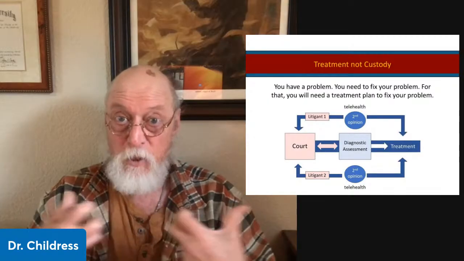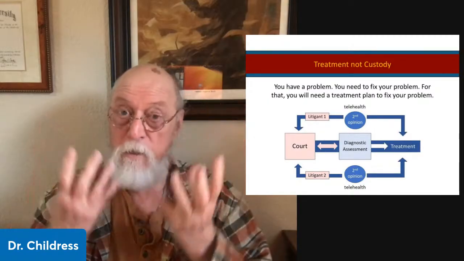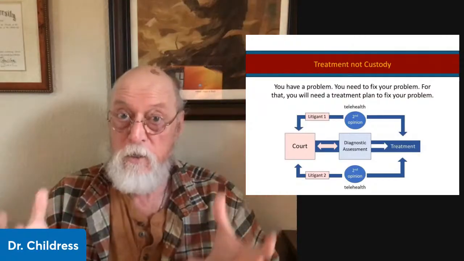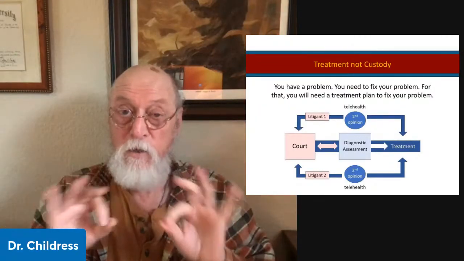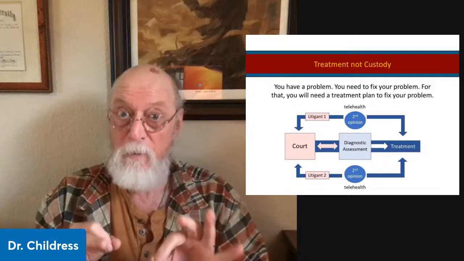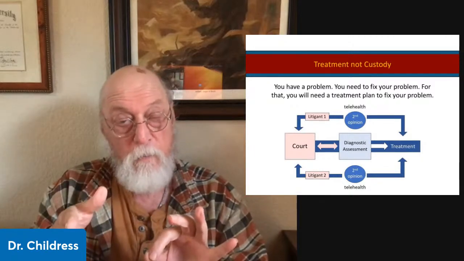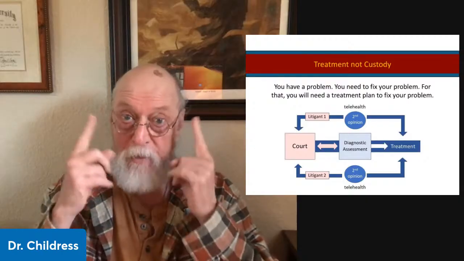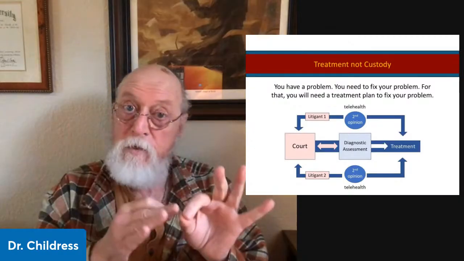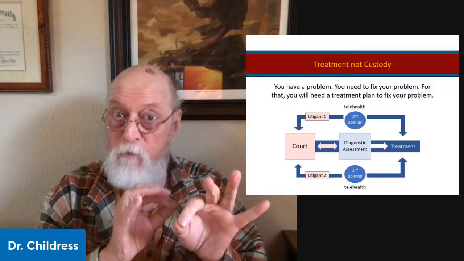This is an attachment pathology. The attachment system is a primary motivational system of the brain developing its patterns during childhood. We need to fix whatever the problem is. This is a treatment problem, not a custody problem. The pathological parent drives this into the wrong system for a solution.